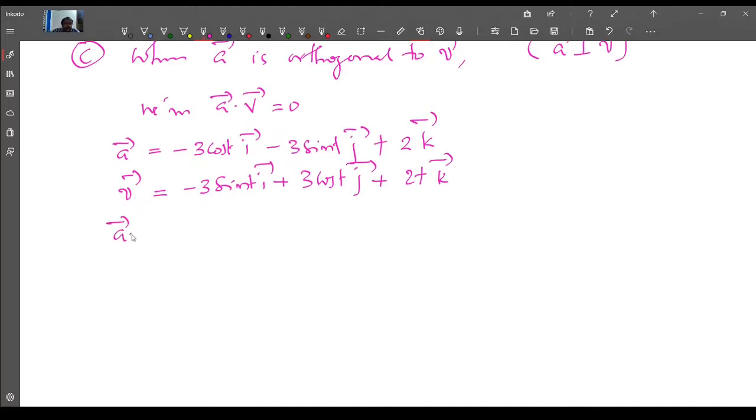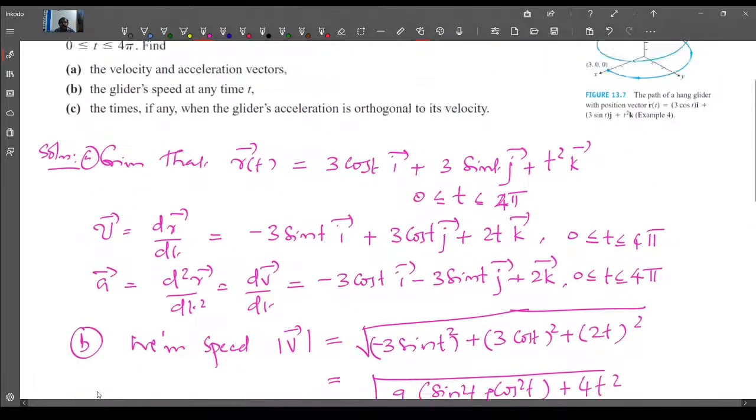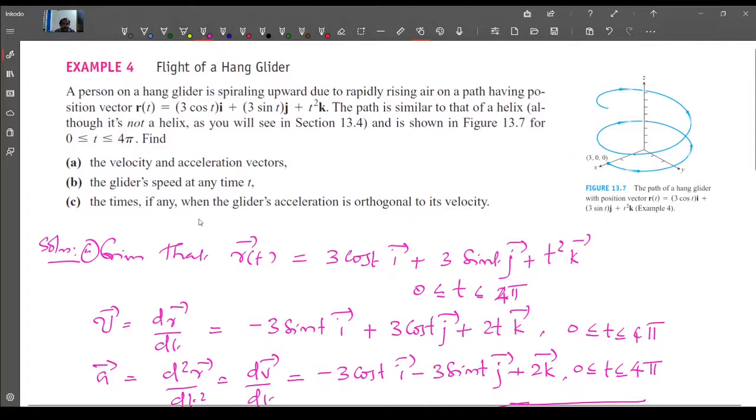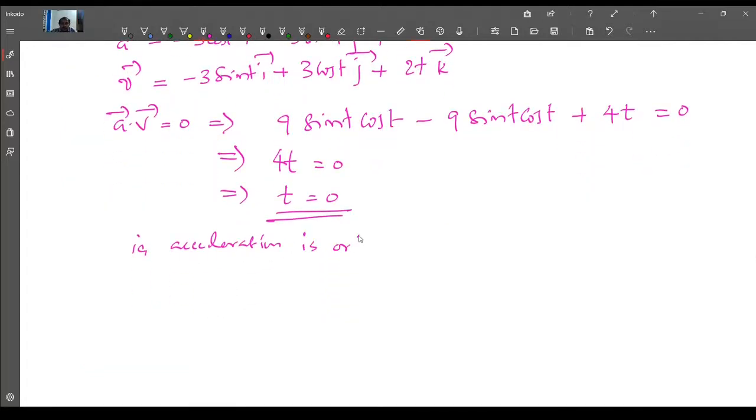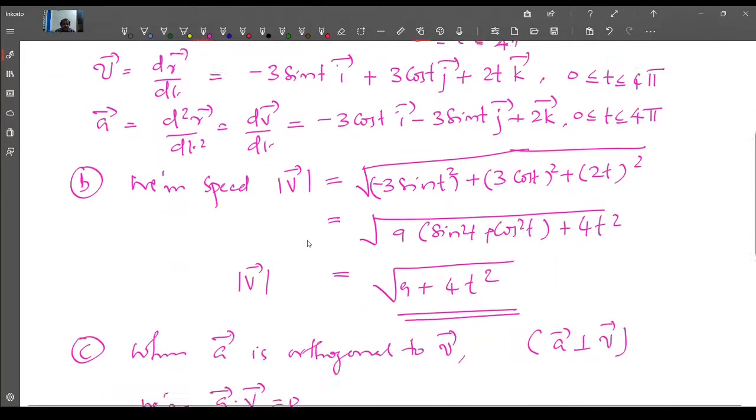Therefore A dot V equal to 0 implies 9 sin t cos t minus 9 sin t cos t plus 4t equal to 0. So this implies 4t equal to 0, so t equal to 0. That is, acceleration is orthogonal to velocity when time t equals 0. So this completes that problem.